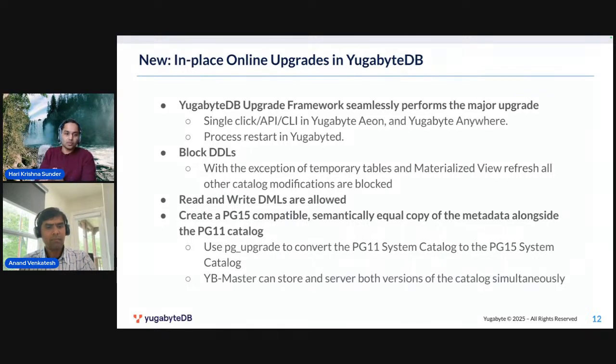And we do special handling with materialized views, so that the effect on DMLs is minimal. There's no effect on DMLs themselves. The only thing is we block DDLs or schema changes. However, while DDLs are blocked and the upgrade is going on, what happens if a user performs a DDL? You will get an error. I have a demo where I'll show a DDL during the upgrade.